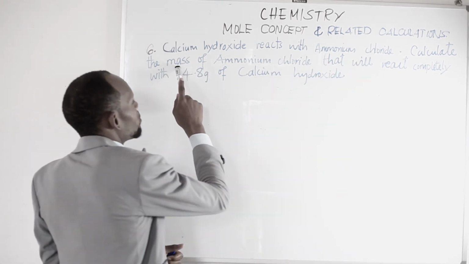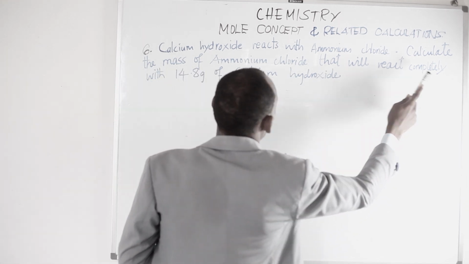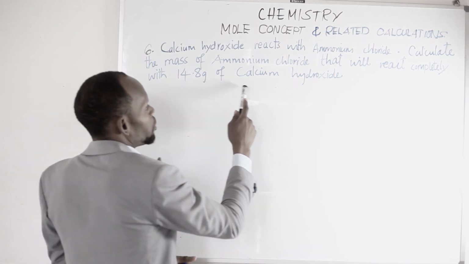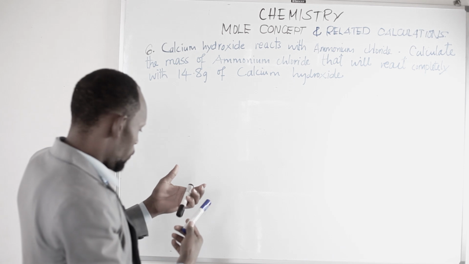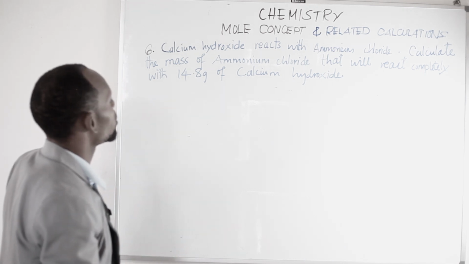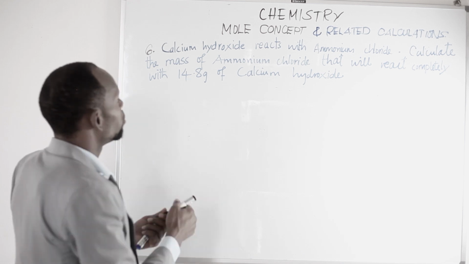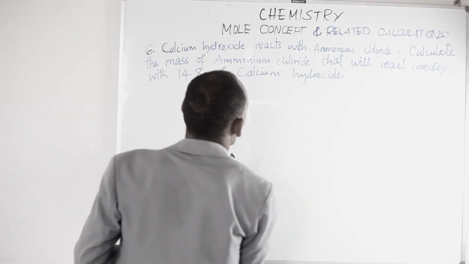Calculate the mass of ammonium chloride that will react completely with 14.8 grams of calcium hydroxide. From this question, first of all, write the balanced chemical equation that involves calcium hydroxide and ammonium chloride.